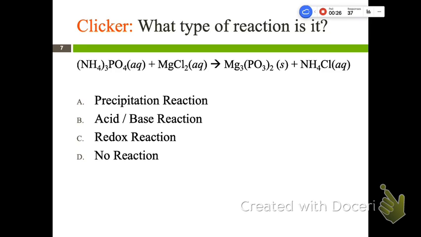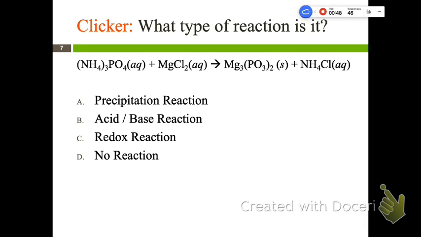We have 37 responses, a couple more. Can I get a volunteer to talk through the process of this one? Can I get someone in this middle section right here to volunteer? Great. Morgan, thank you.